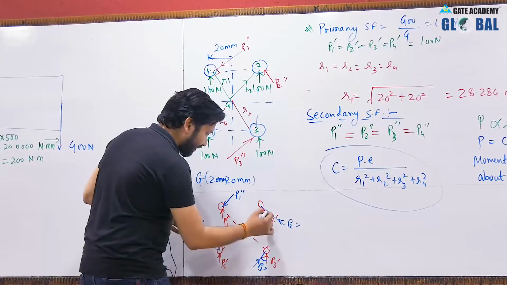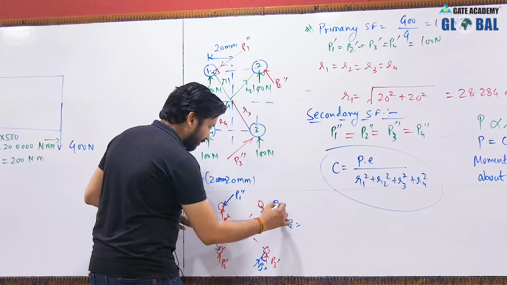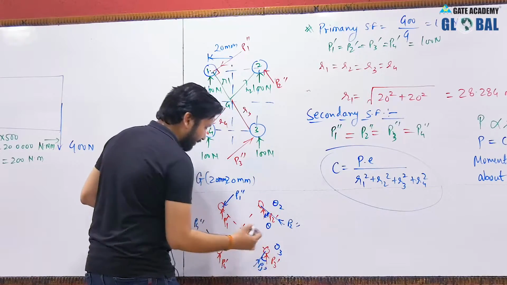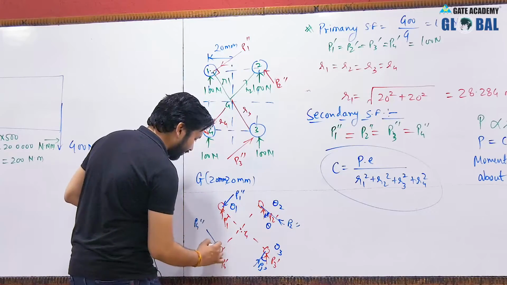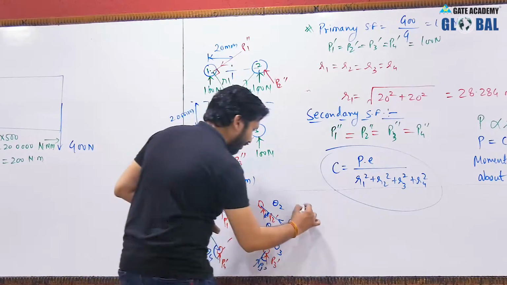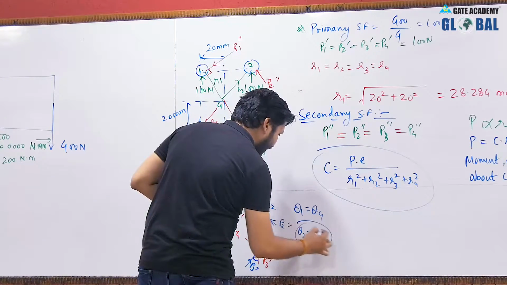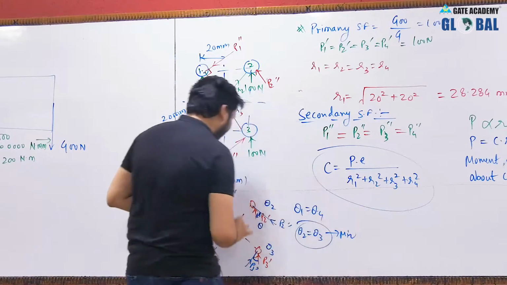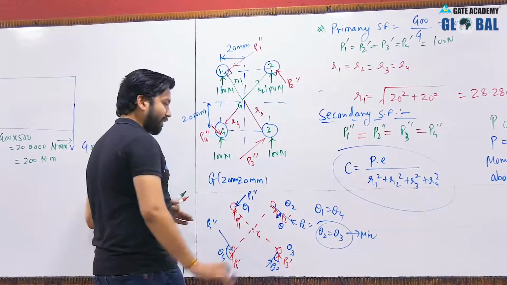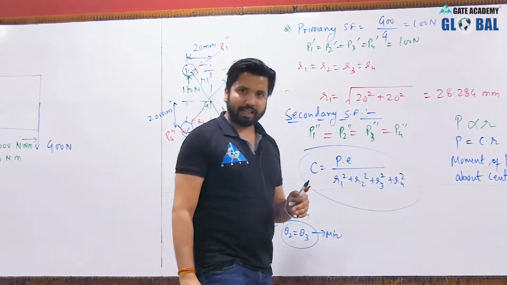So theta 1 will be equal to theta 4 and theta 2 will be equal to theta 3, and these are the minimum values. Hence definitely rivet number 2 and rivet number 3 will be the most critical rivets.